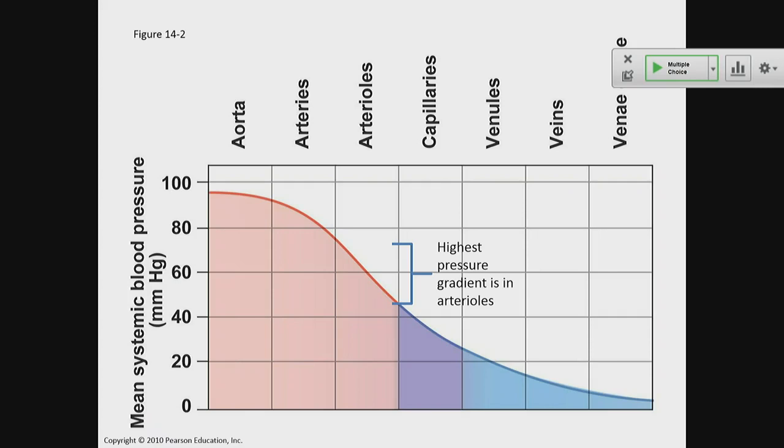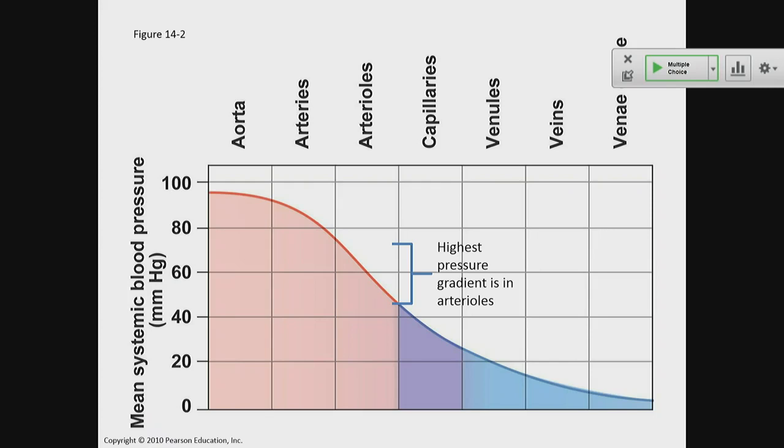The heart generates the pressure. So the pressure is, of course, highest at the exit of the heart, which is in the aorta. If you read this value, it's probably around 95 millimeters Hg.